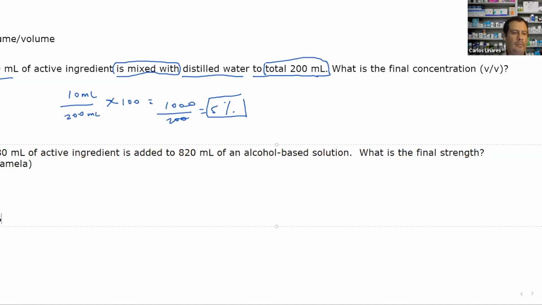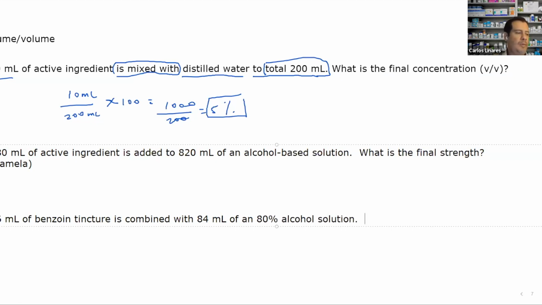Anna, 36 mLs of benzoin tincture is combined with 84 mLs of an 80% alcohol solution. What is the final strength?